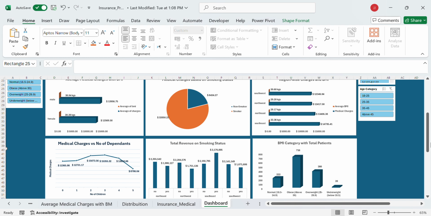Coming to overweight and obese, these people might account for more than 75% of this, which means certain measures have to be taken. Even around 80% of these people are getting into more problems, and certain actions should be taken from the medical side as well.